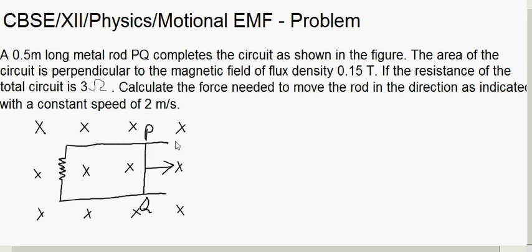Cross magnetic field, and the field appears as though it is going into the plane of the paper. So the area of the circuit is perpendicular to the magnetic field.